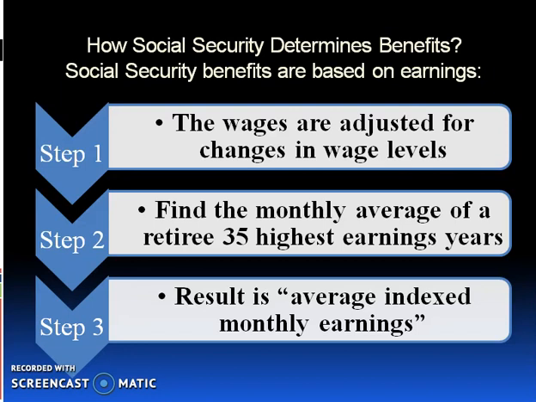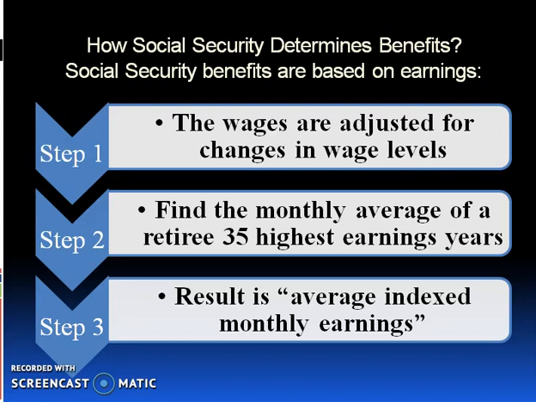The computers will focus on the 35 years in which you earned the most money. If you didn't work a full 35 years, zeros will be substituted for those missing years. The next step is to apply a special formula to those indexed earnings to arrive at your basic benefit, which Social Security calls your primary insurance amount, or PIA.